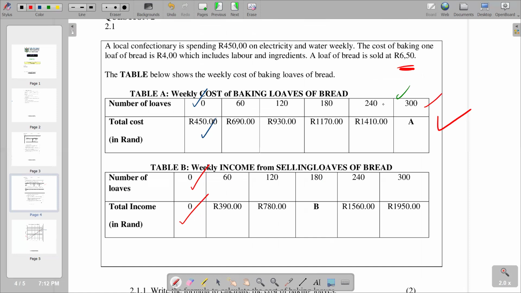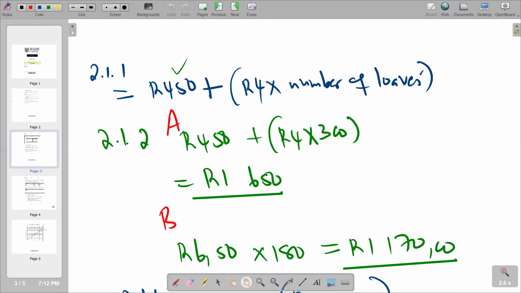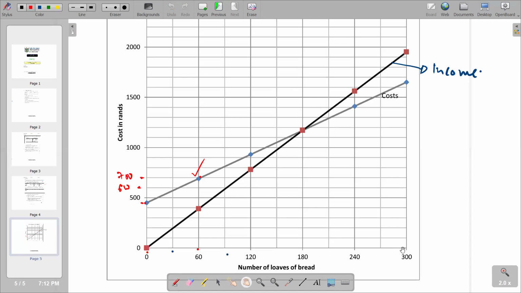When we calculated our A, we can refer back. We got 1,650. So it means we have 300, and this one is 1,650. You see that it is between this point and this point, which is our 1,650. And then if you join the 2 points, they come up with a straight line, which is also going to be in line with the points that we have.